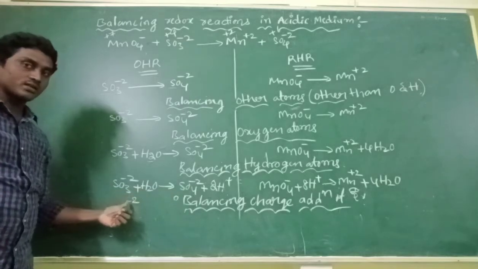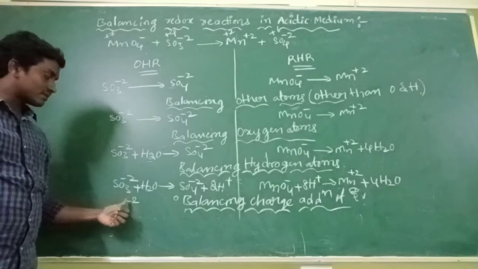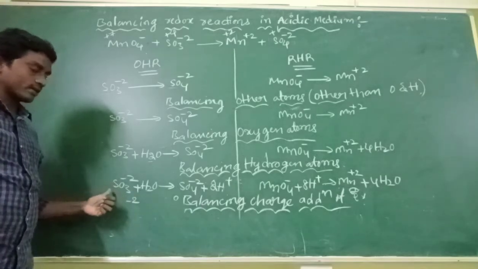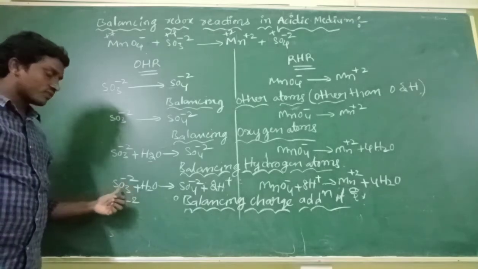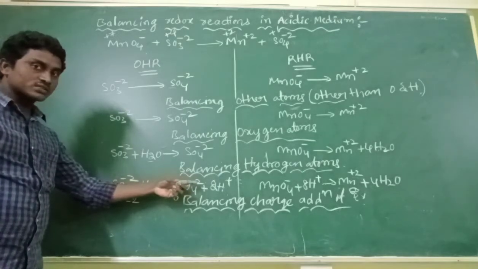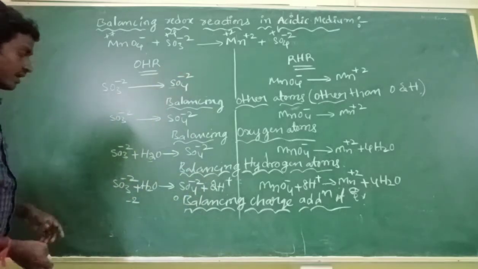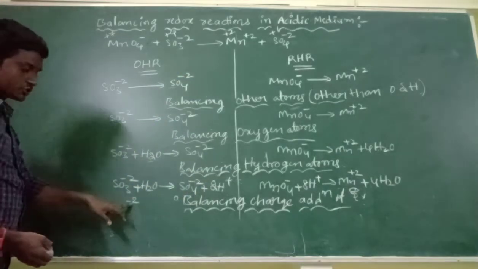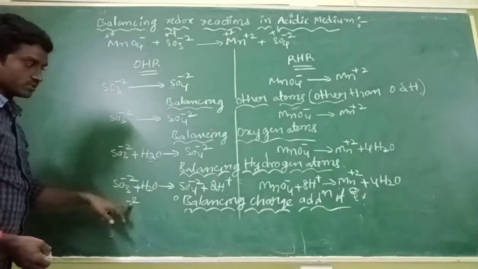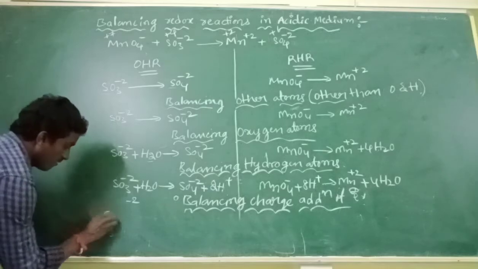Minus 2 charge is present on the left side of the reaction, which means 2 electrons are in excess on the left side, so the right side has an electron deficiency. So we have to add 2 electrons to the right side of the reaction.